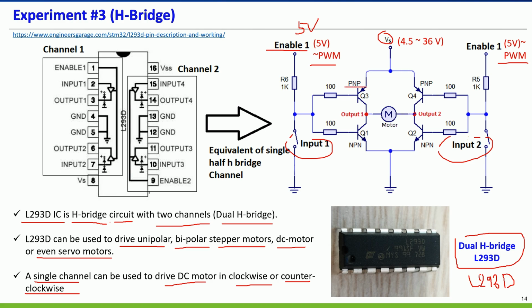In this bridge, usually there is a PNP or NPN transistor. When you give input 1, it means this switch is closed, or this is 0.